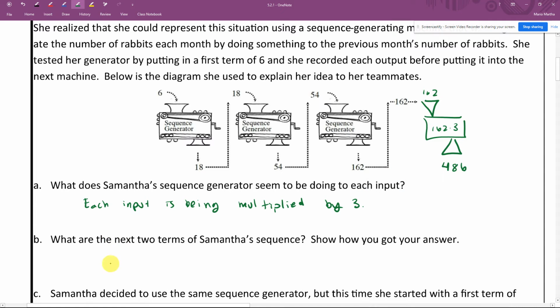So that would be one of the next terms: 6, 18, 54, 162, and 486. This one comes out and goes into the next machine, the same machine doing the same sequence. So 486 times 3 will give us 1458.